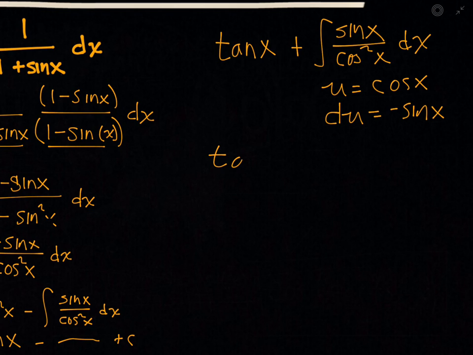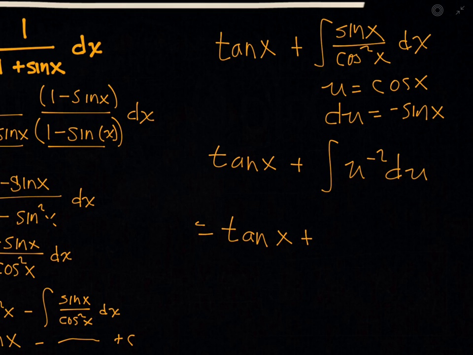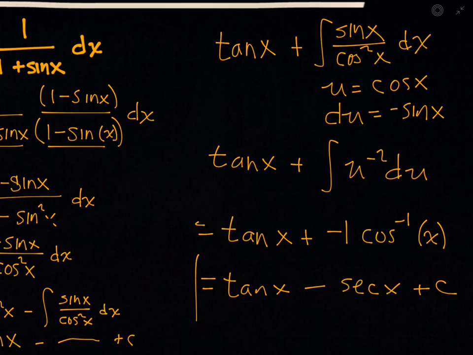So I have the tangent of x plus the integral of u to the negative 2 du, which equals tangent x plus negative 1 cosine to the negative 1 x, which is tangent x minus secant x plus c.